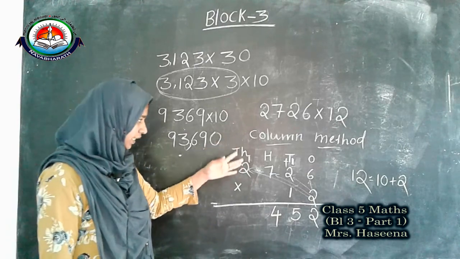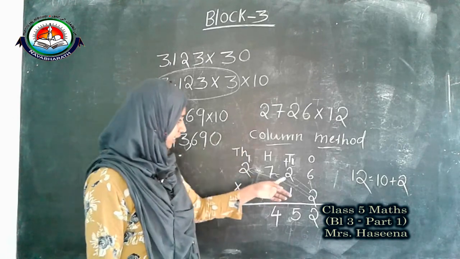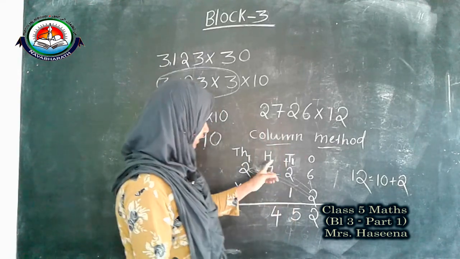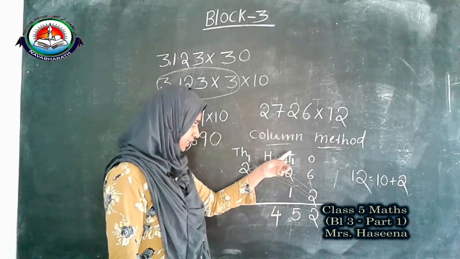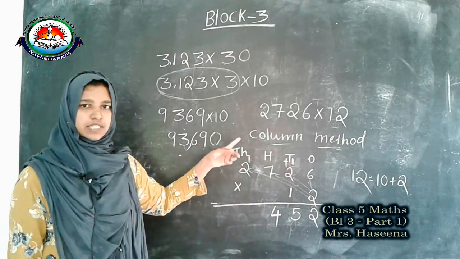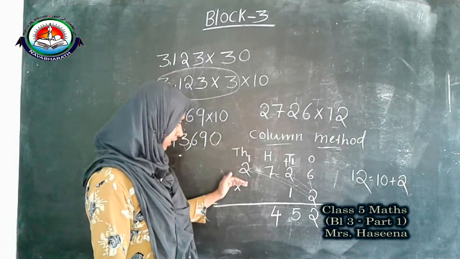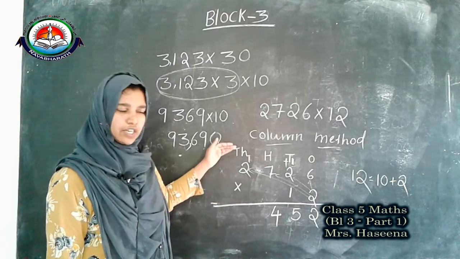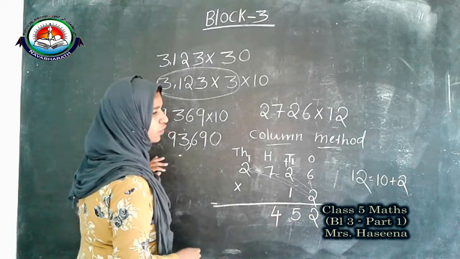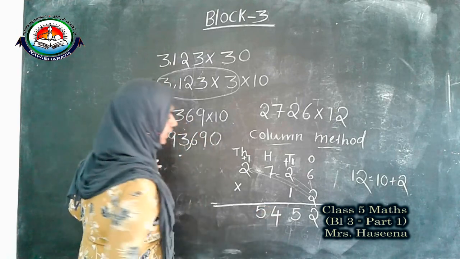This 1 means 1000. Everyone is telling carry over 1, but when this 1 reaches here its value is 10, and when this 1 reaches here its value is 1000. According to the place we are writing, the value will change. Then 2 into 2, 4. 4 plus 1 is equal to 5.